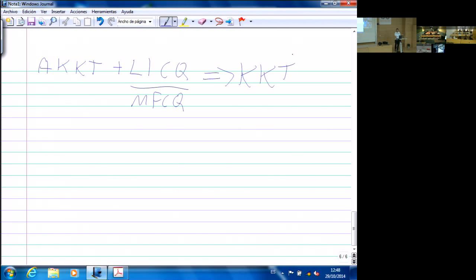Remember, we never used that this point x star was a local solution. We only used that it was an approximate KKT point. Okay, so what we have proved is this.